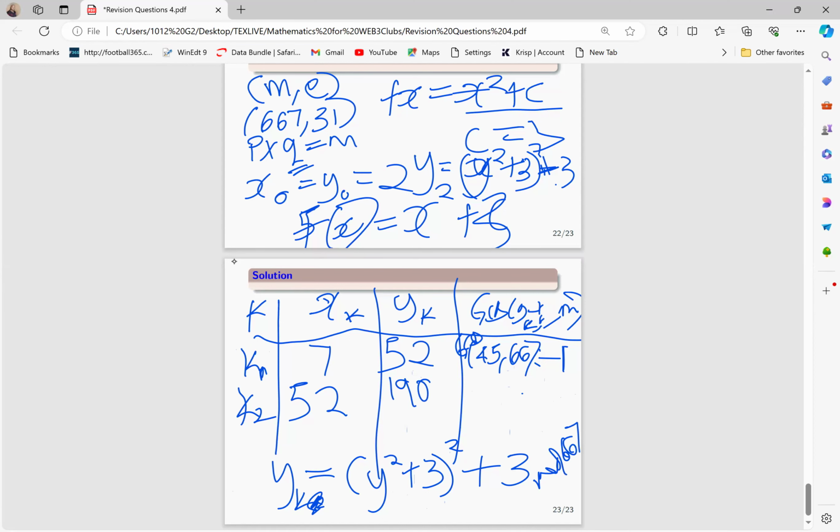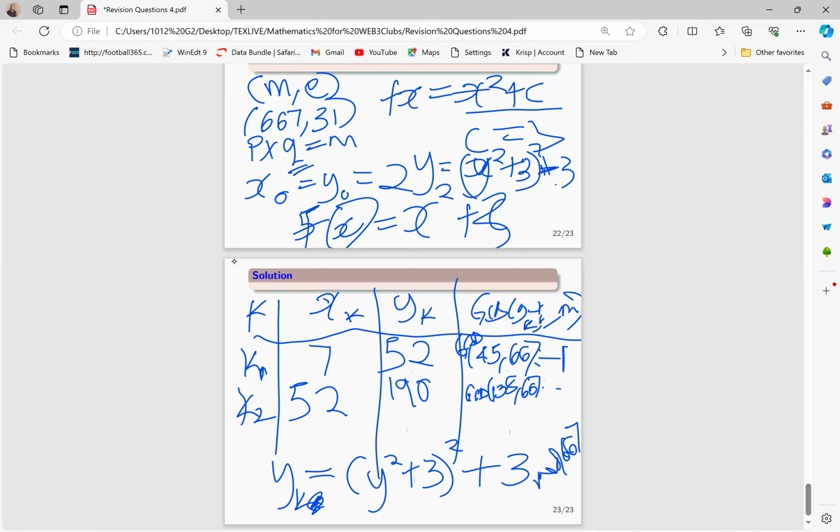190. So the difference between 190 and 52 is 190 minus 52, which gives us 138. So the GCD of 138 and 667 is the GCD.